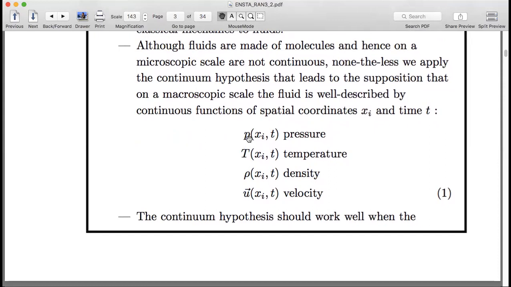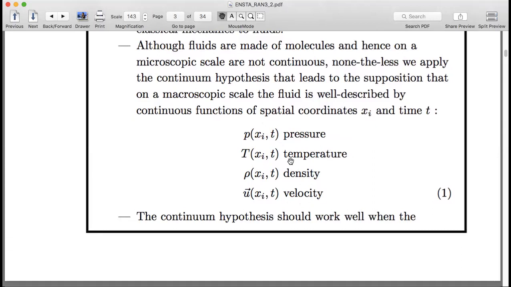We can define the fluid properties in terms of molecular averages, which is useful conceptually so that we know we have properties of the fluid as functions of position and time. The properties we're interested in are especially the velocity, but also the density and the pressure, and in some cases the temperature.